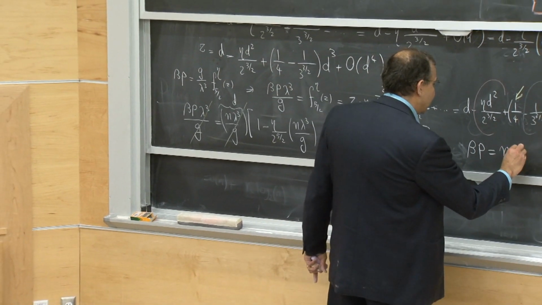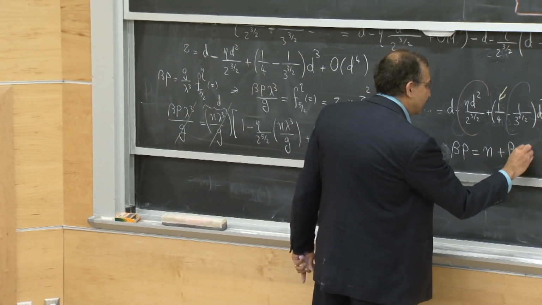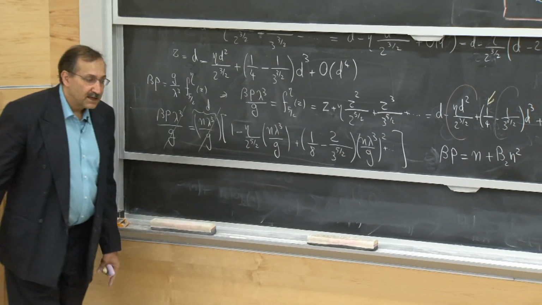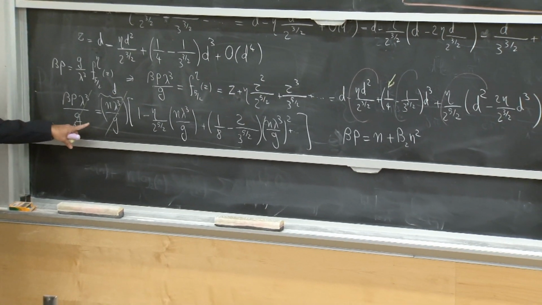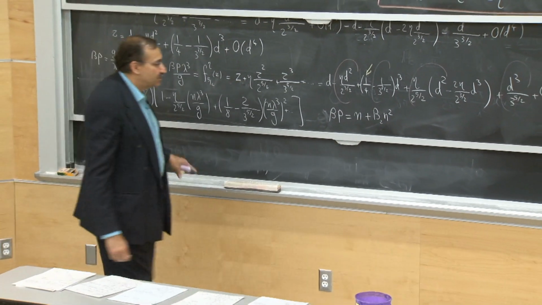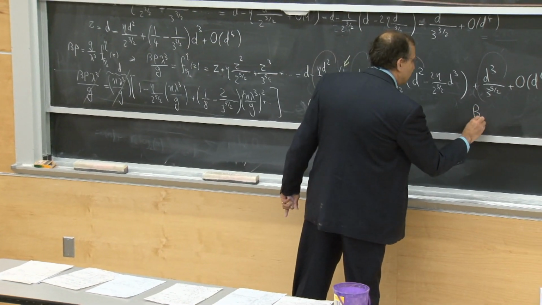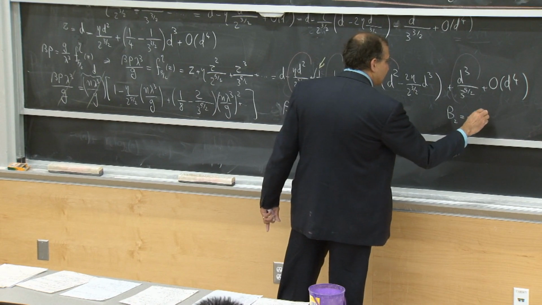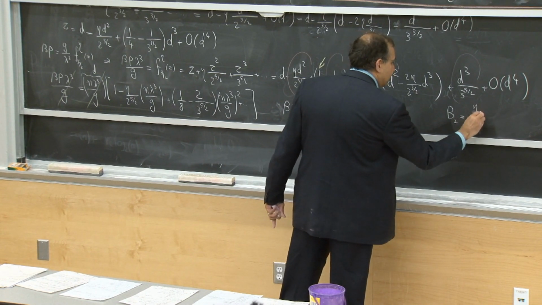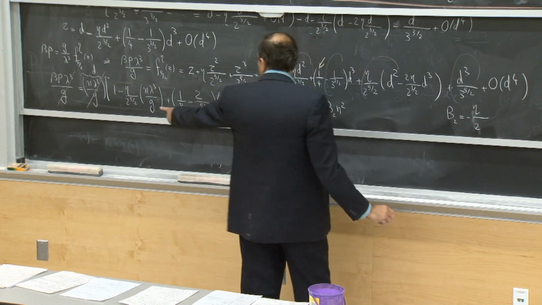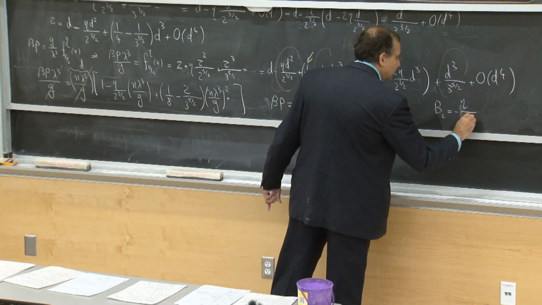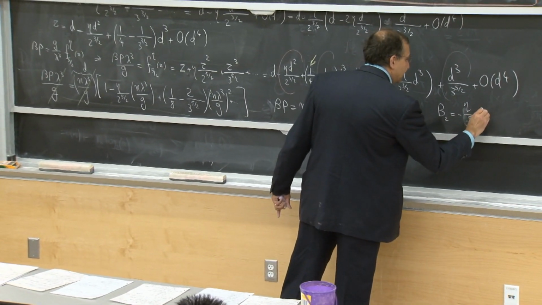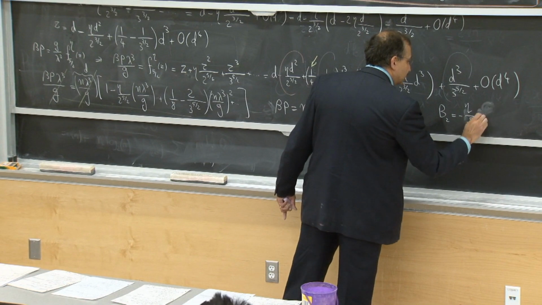I can write it as B2 n squared, in view of our virial coefficients. And we see that our B2 is minus eta 2 to the 5 halves times n lambda cubed over g.